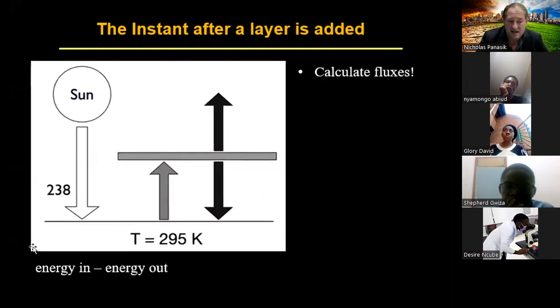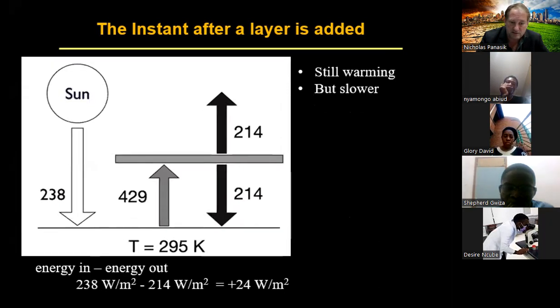And so now let's go to 295. What should our fluxes be here? Well, you take 295. You can use the Stefan-Boltzmann law to determine how much energy that's going to radiate. And what you're going to end up finding is 429.